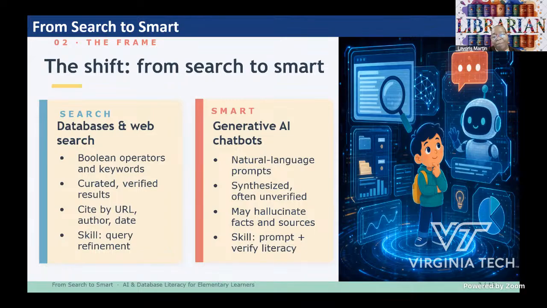So you may get facts that are not so, and sources that are made up. The skill here is prompt plus verification literacy. So moving from search to AI, we still need those two things hand in hand.